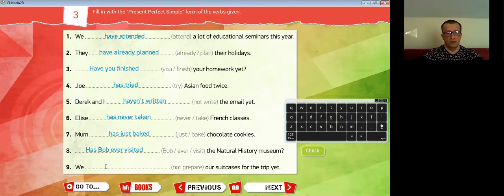Yes. And the last sentence is, we not prepare our suitcases for the trip yet. So the sentence is negative. Again, we are using yet. As we said, yet is used with question and negative forms, you know. So here the sentence is negative.